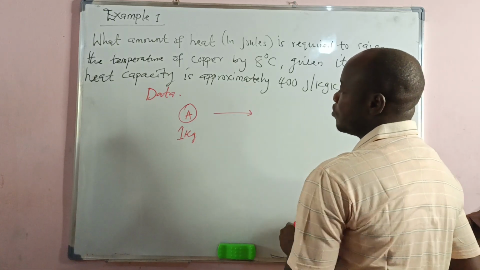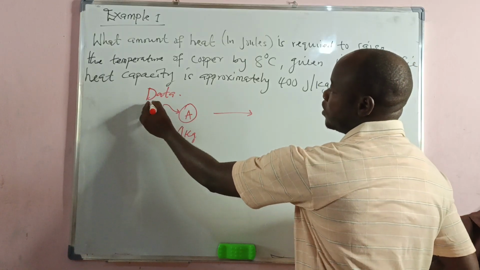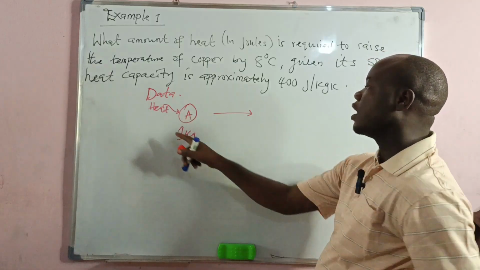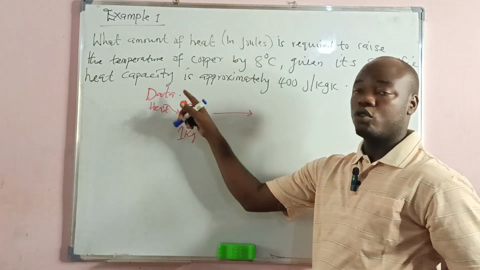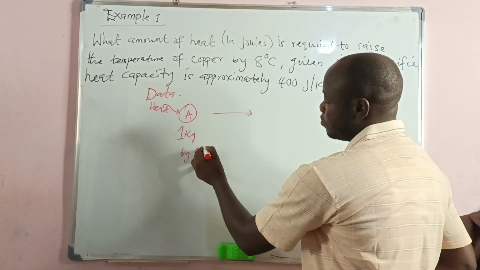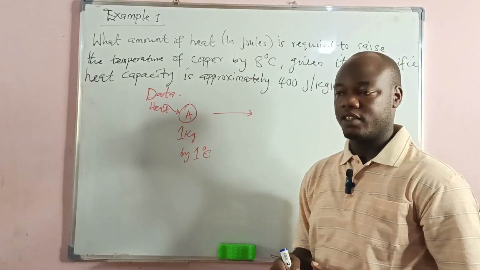The amount of heat that is required to raise the temperature of this body by 1 degree centigrade is what we call specific heat capacity.